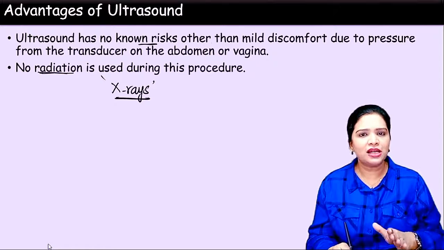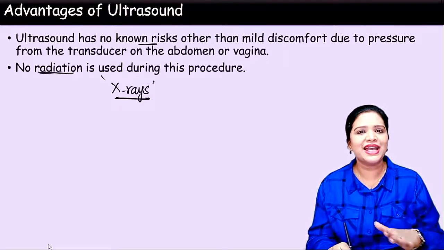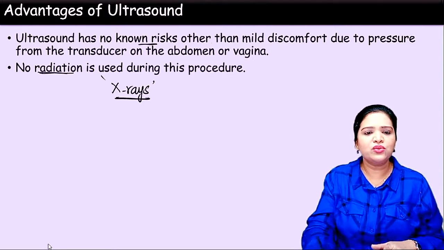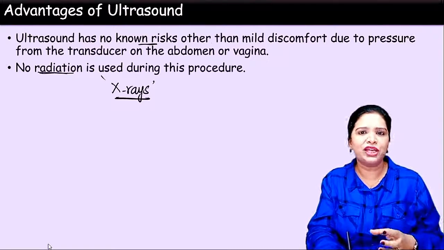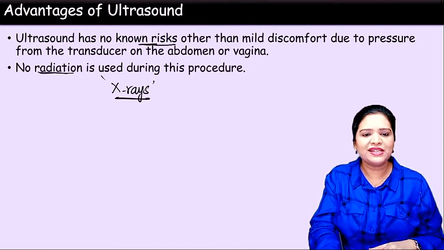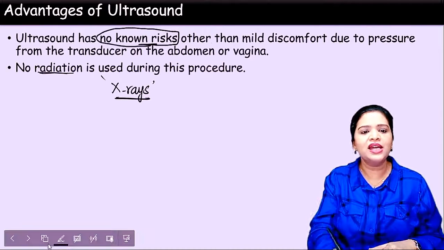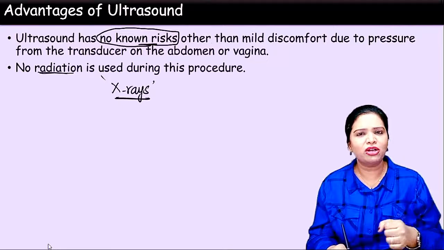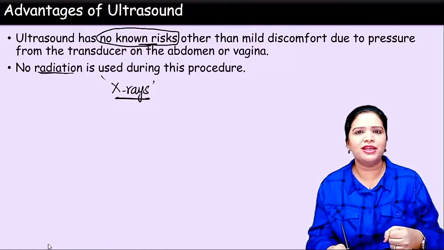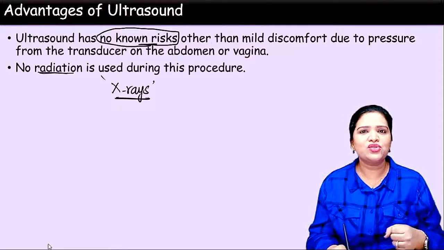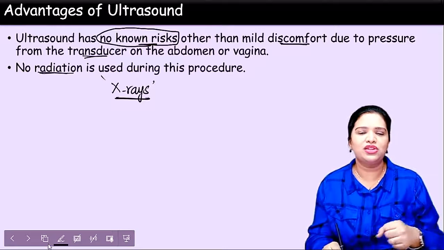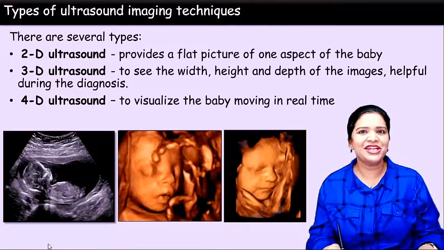Whereas ultrasound scanners don't use high radiation waves. They are just using high frequency sound waves. So there is no risk associated with ultrasound scanning. Only one mild discomfort: the doctor pushes some pressure over the mother's abdomen, because the pressure is from the transducer. So it's very normal, right?